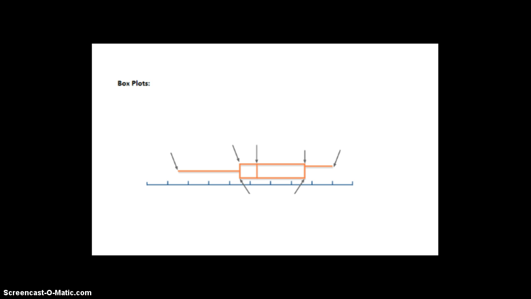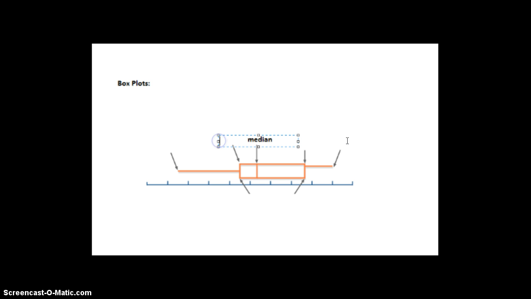All right, and then last I want you to write down box plots, and I want you to copy this box plot as it is, and then I'll go through what it means. Once you have that copied down, this line in the middle represents the median of all of your data.